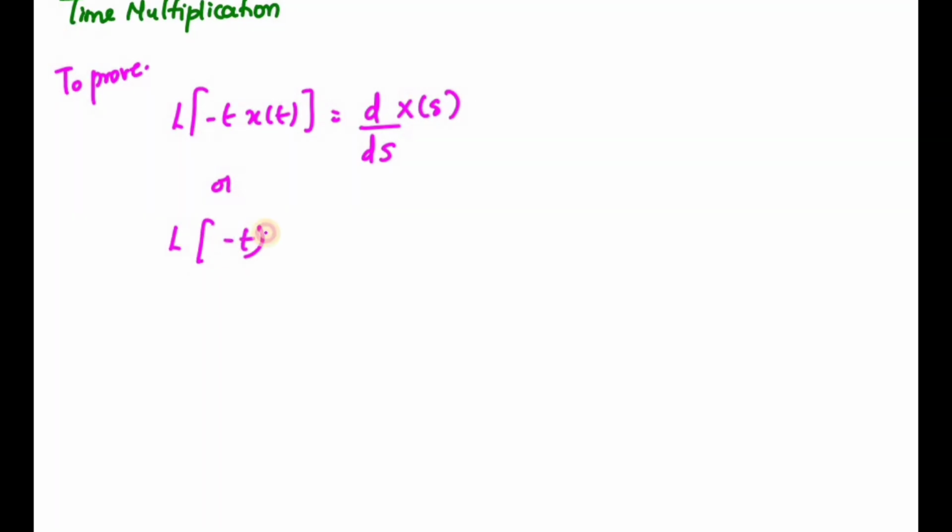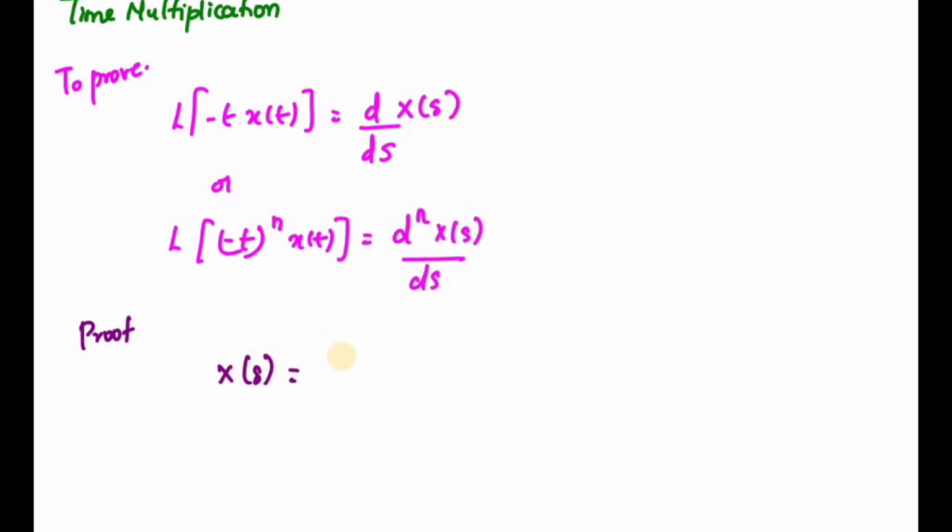Or I can write it as Laplace of minus t power n x of t is equal to d power n X of s by ds power n. So the proof is, we know that X of s is equal to integral from 0 to infinity x of t e power minus st dt.